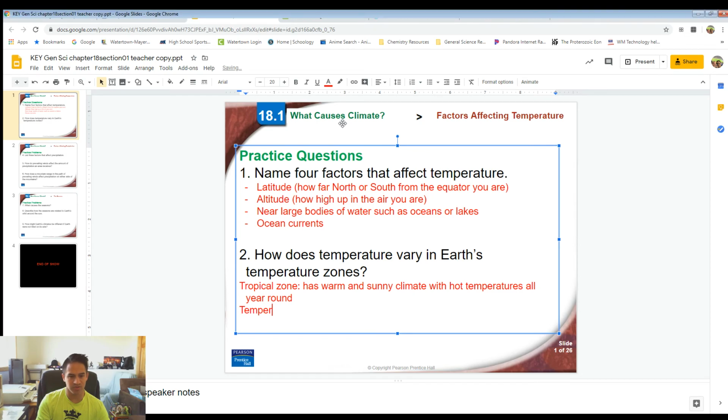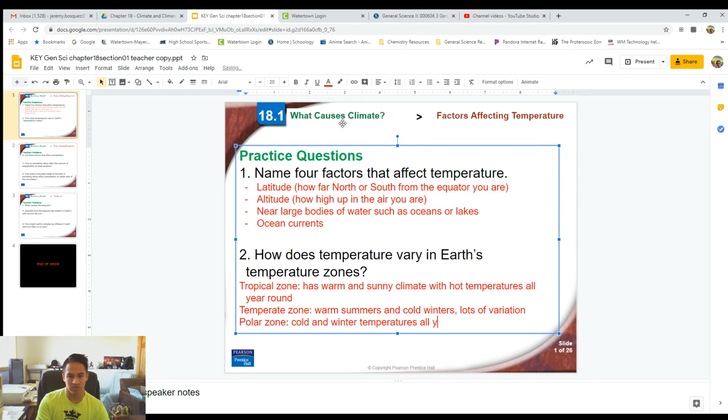Then we have the temperate zone, which has warm summers and cold winters. Lots of variation. And then the polar zone is basically just cold and winter temperatures all year round, right?